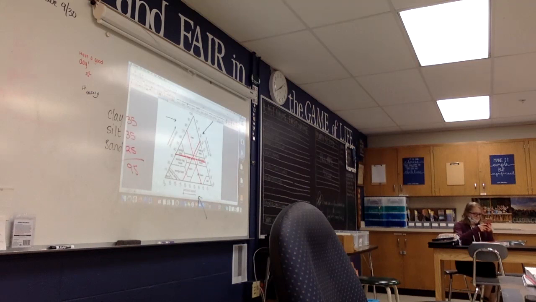So on pages 82 and 83, there's 15 different questions. You'll solve those, and you can use all the texture triangles too. You're just going to answer those. The first ones have all the percentages. The last half of them, you have to find the missing percentage and then plug it in. So you just subtract that from 100. Is that cool?